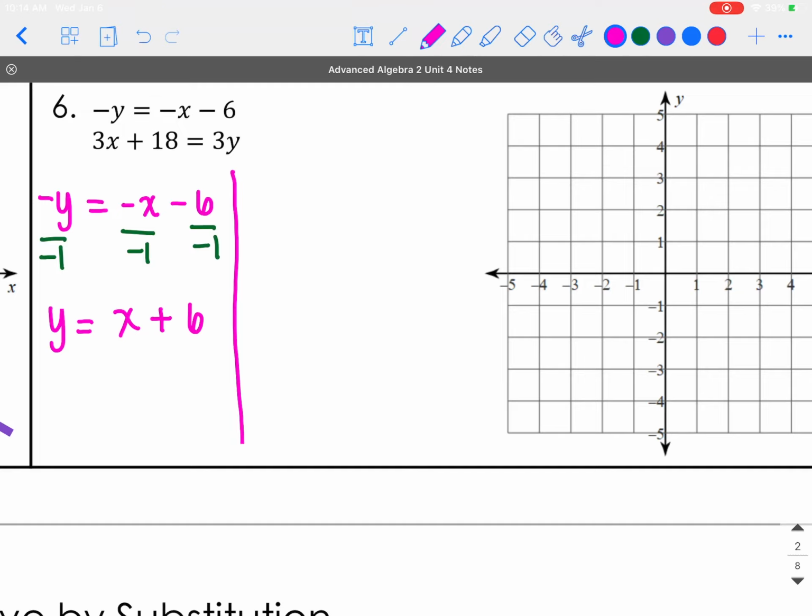Now the other one, I'm going to flip-flop these 2 spots and make it 3y equals 3x plus 18. That doesn't really change anything. And then all I have to do is divide by 3.